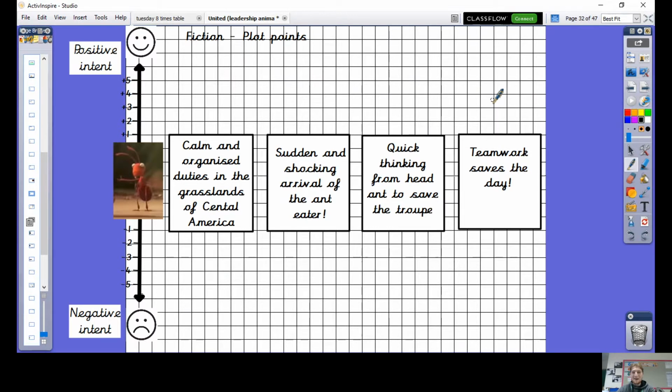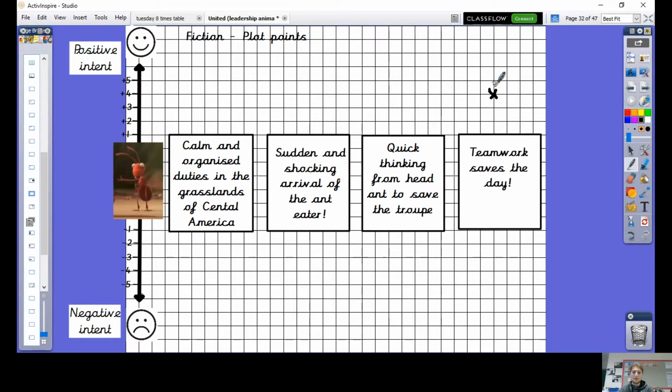So I reckon I'm going to put it as a +4 because it's a pretty happy moment in their day. I can imagine there's a lot of relief that their friend hasn't been eaten. They might have had a happier point of their day. I'm sure they've collected a lot of nice food, but then that's quite a relieving part of their day as well. Okay, so I'm going to put it as a +4.